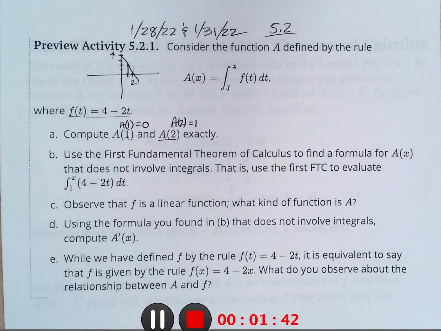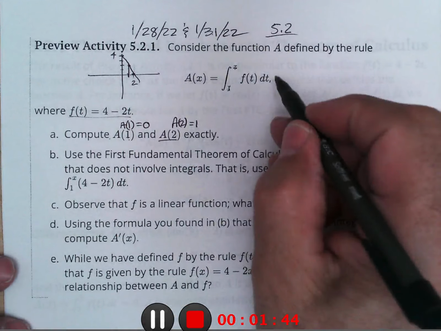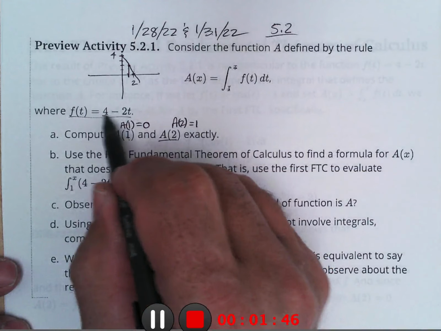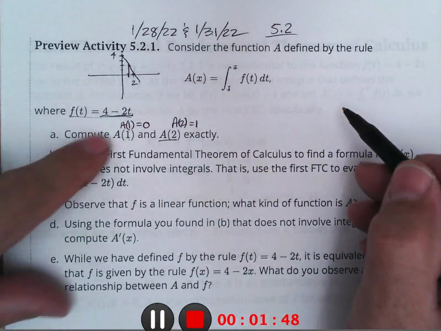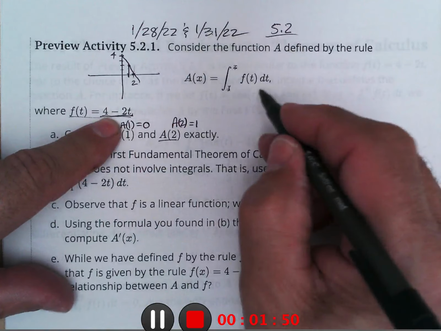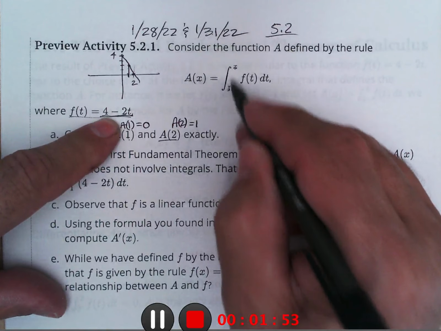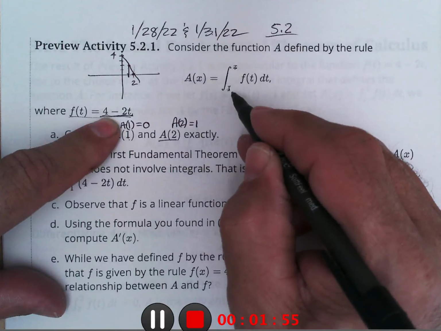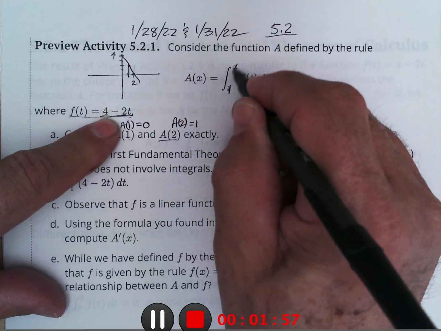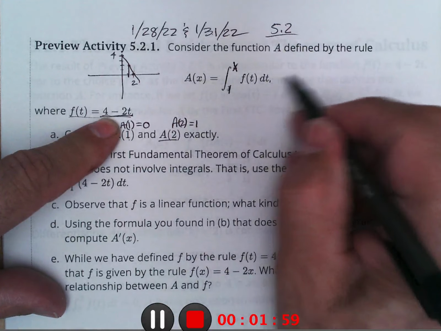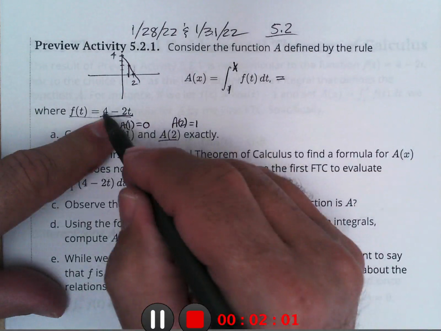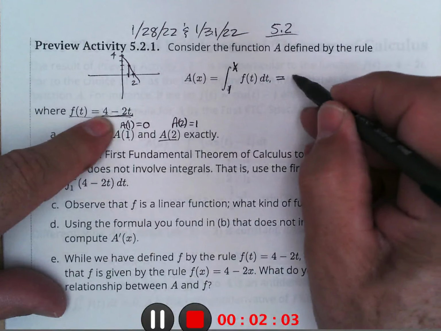Now we can also find the antiderivative of this using the fundamental theorem of calculus. So this is from 1 to x. The antiderivative of 4 is 4x.